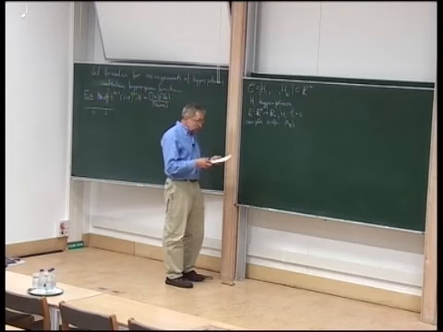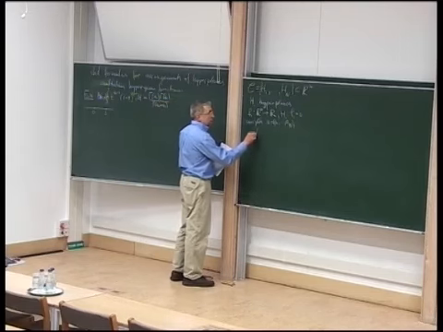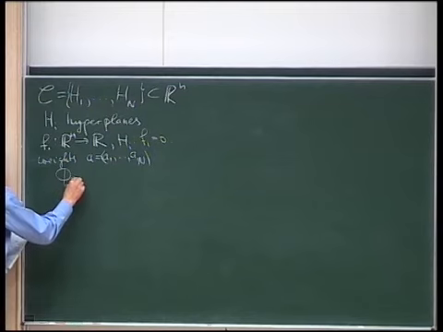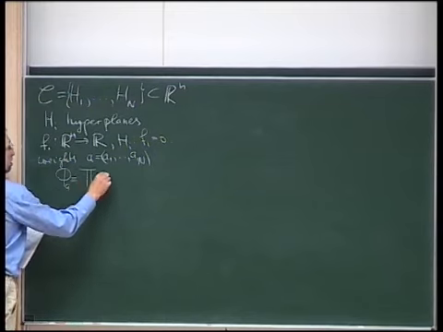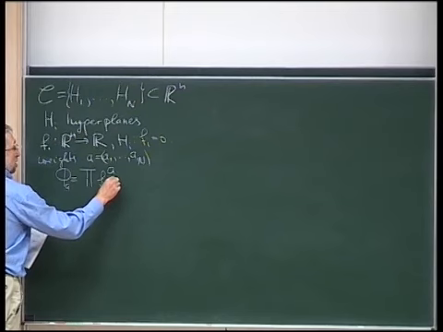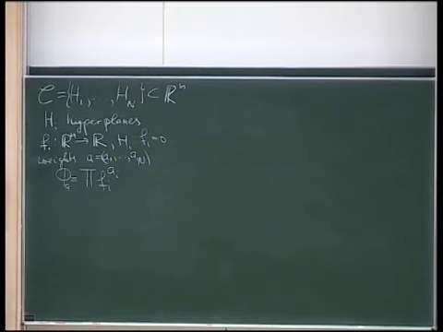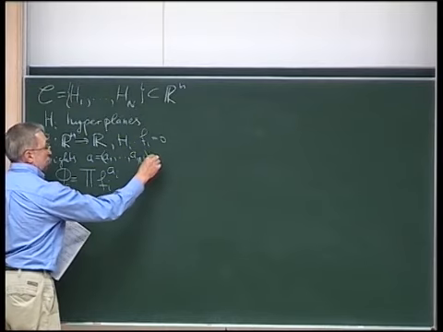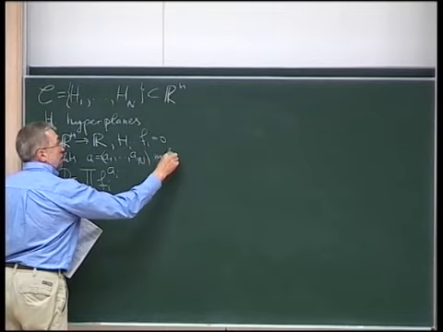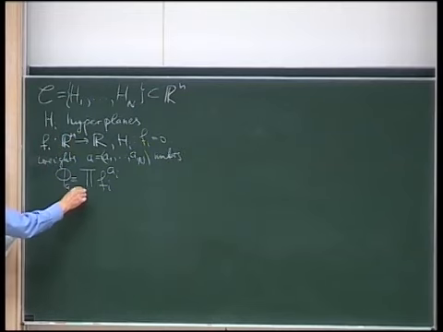And then I will consider the function phi_a, which will be the product over i from 1 to n of all these factors raised to the corresponding powers. So this is the function.